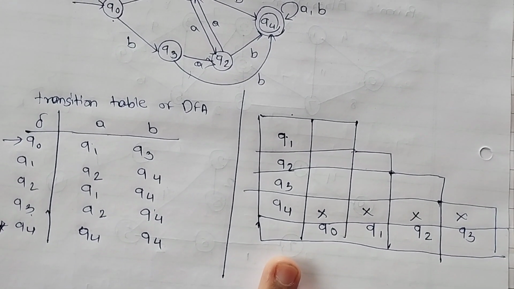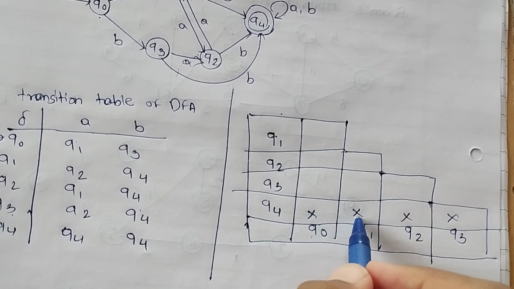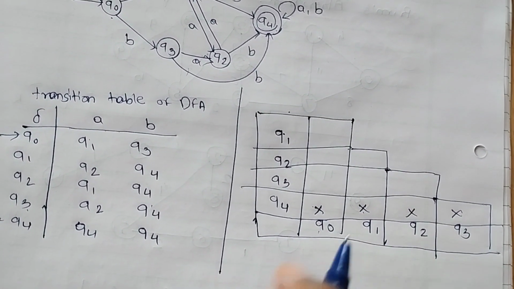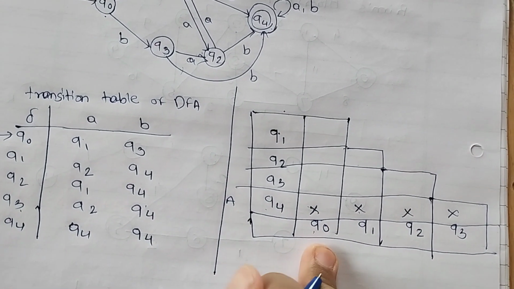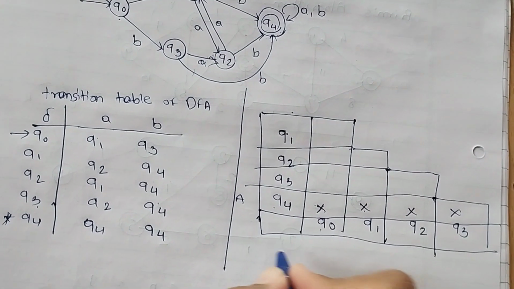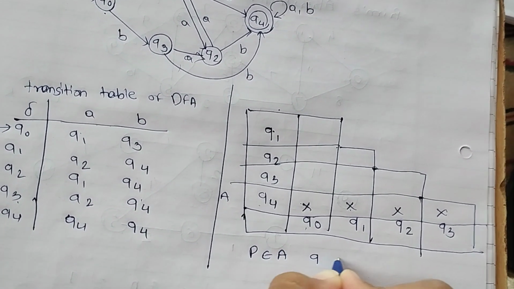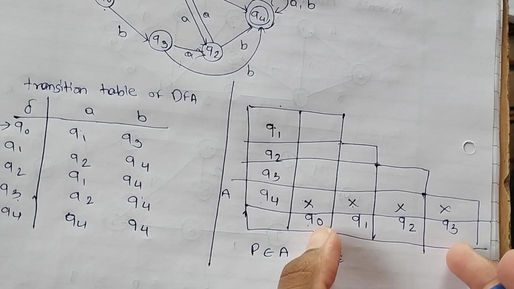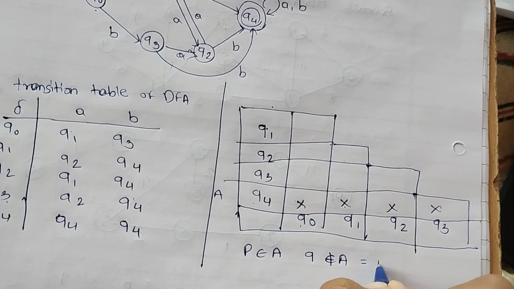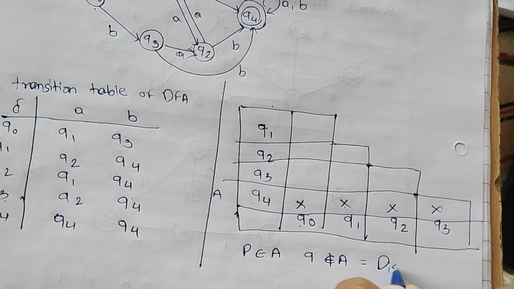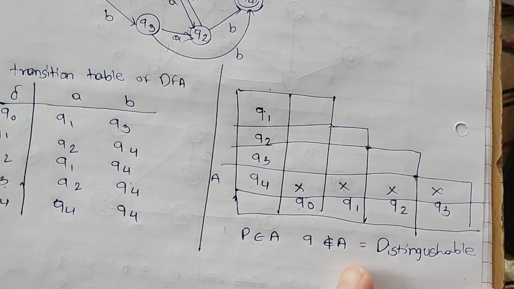The meaning of this is that the final state and the initial state, and the final state and the Q1 state, means one is an acceptance state and the other is not an acceptance state. Let's suppose P is an acceptance state and Q is not an acceptance state, then this is a distinguishable pair.